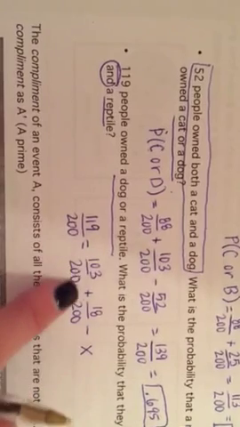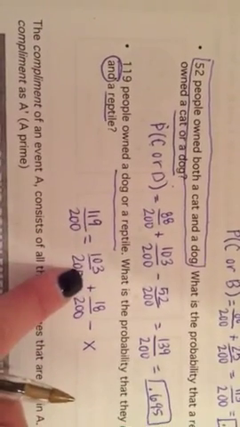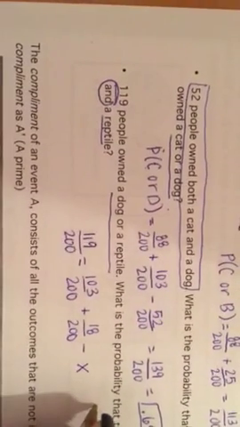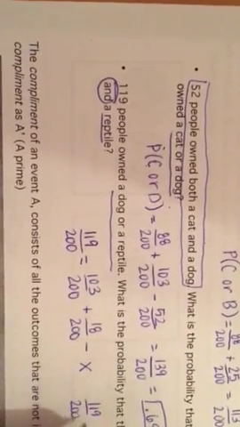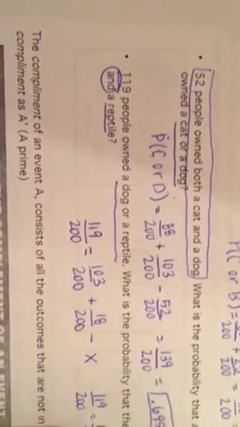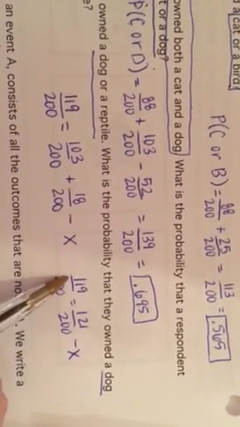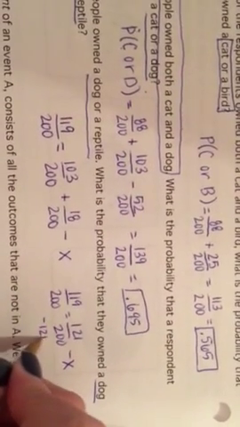I'm going to combine my two fractions here. So 103 plus 18 gives me 121 over 200 minus X. And I'm going to solve for X. I'm going to move this fraction to this side, so I'm going to subtract it.